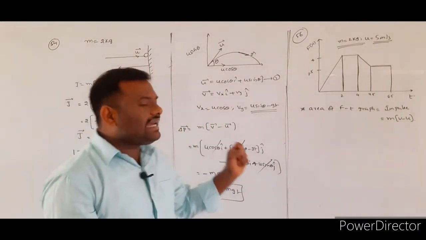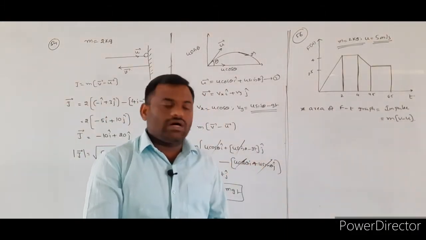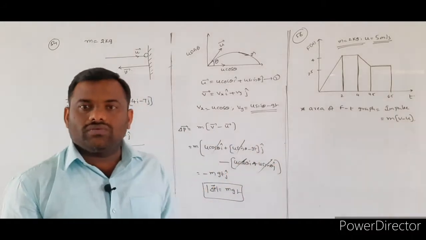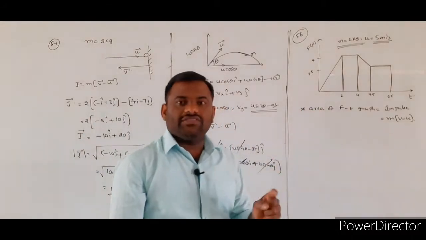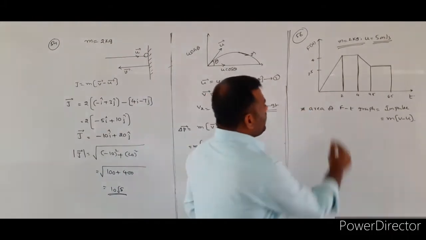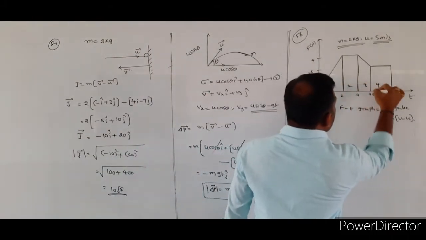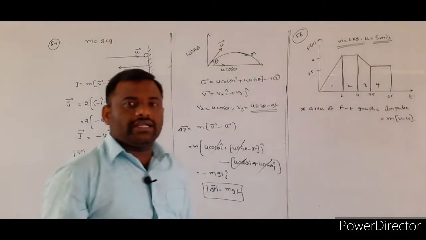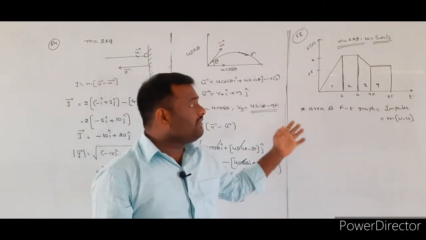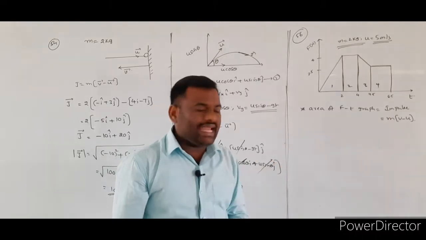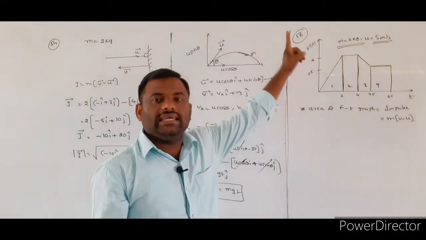First we will calculate the area of the F-t graph. Here 4 different parts are there. We will calculate the area of each part and then add them together, so you will get the total area of the F-t graph.